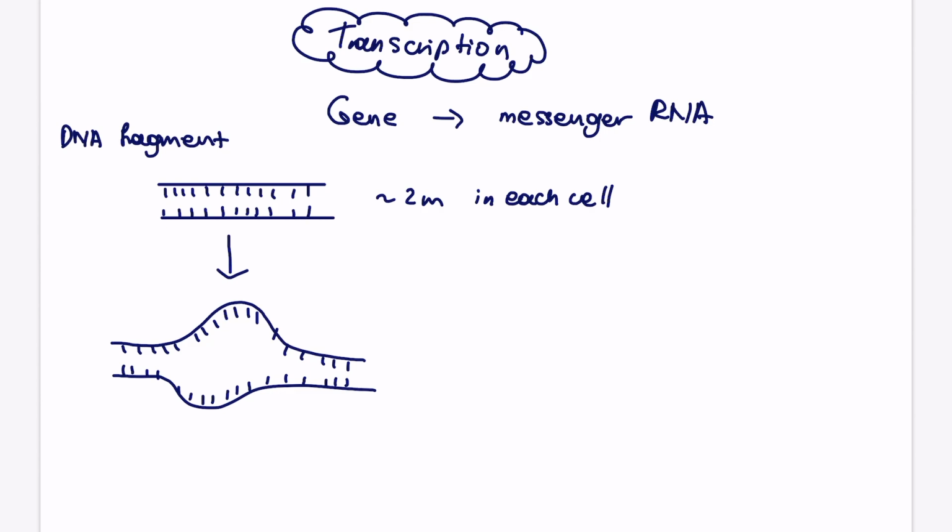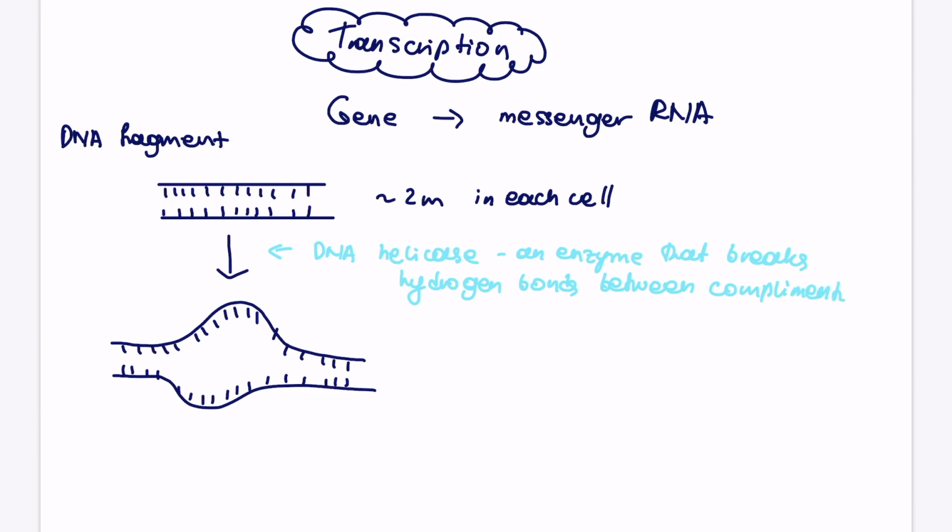But can you see there is this structure that is opened up in the middle? And remember, the same enzyme that occurs in DNA replication, DNA helicase, is an enzyme that breaks hydrogen bonds between the 2 complementary strands of the DNA.